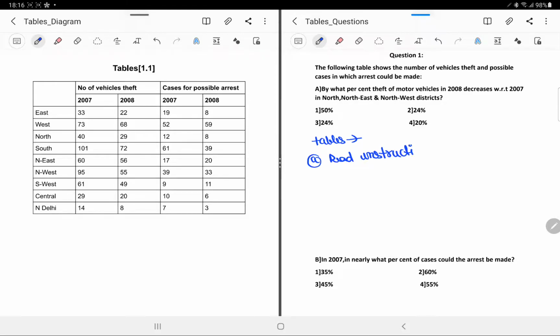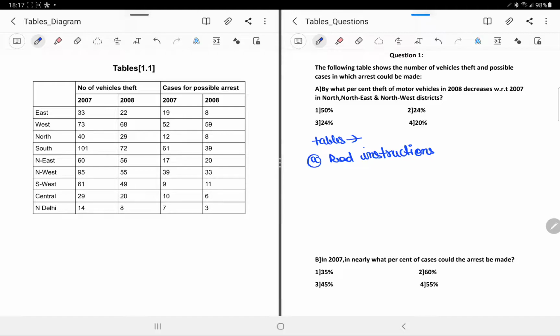Whatever instruction is given to you, like for this question, it says the following table shows the number of vehicles stolen and possible cases in which arrest could be made. You need to understand what information or instructions you are given, so you need to read them very carefully. That is the first part, and that is common for all LRDI questions.